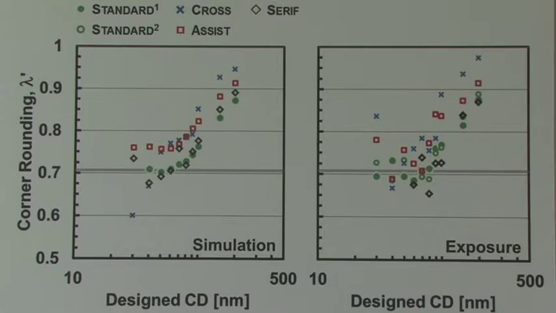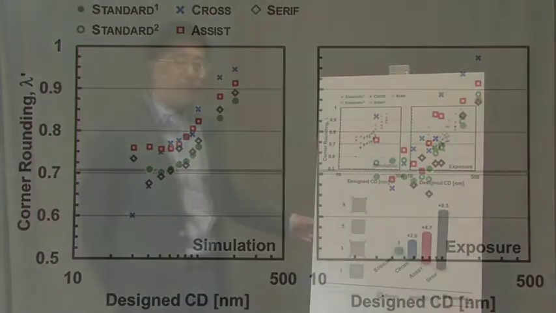This gives us a certain message: whatever the method and whatever the correction technique we have applied, from the design CD of 90 nanometers, we have to apply the corrections of the corner roundings anyhow.